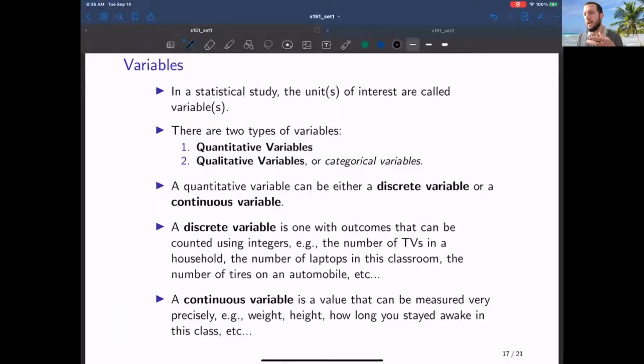These definitions are actually the same. So what we really need to do is just define what a variable is and define what data is. These are definitions that we will continually see throughout the semester, particularly the definition of the variable of interest.